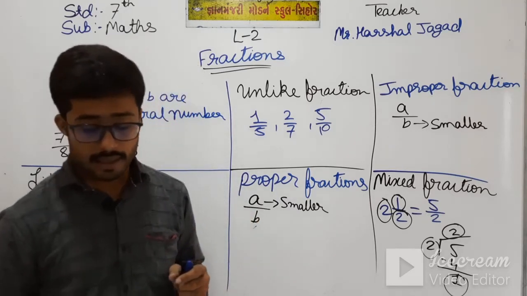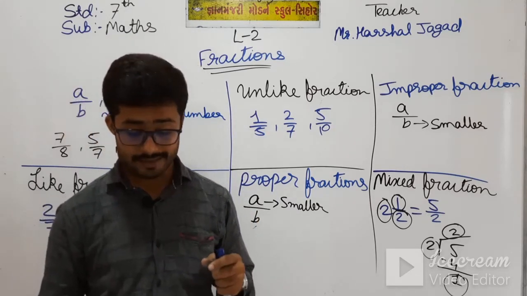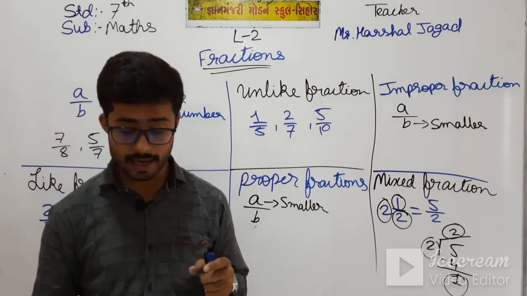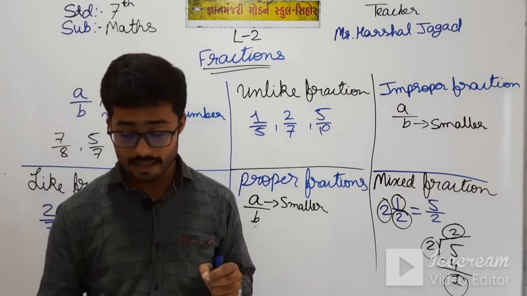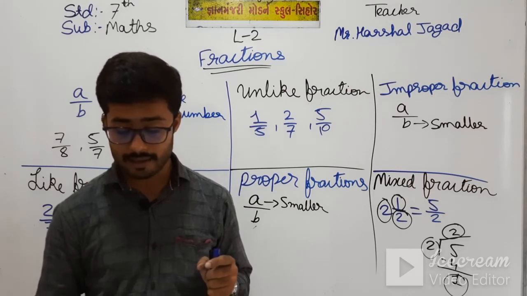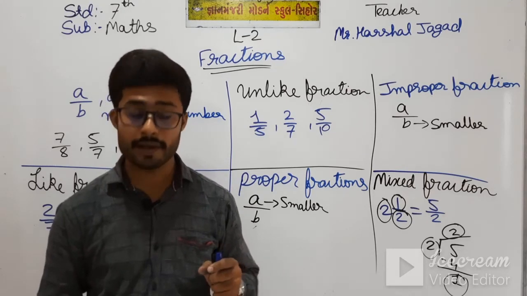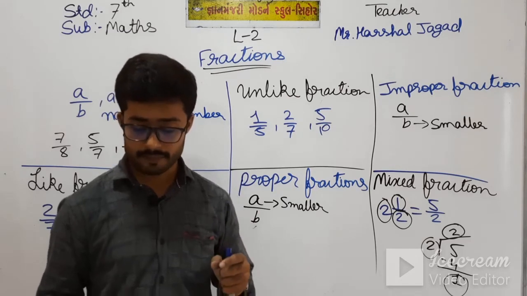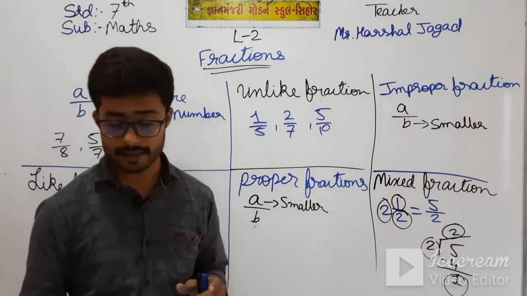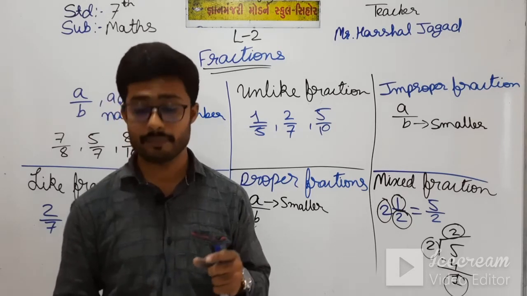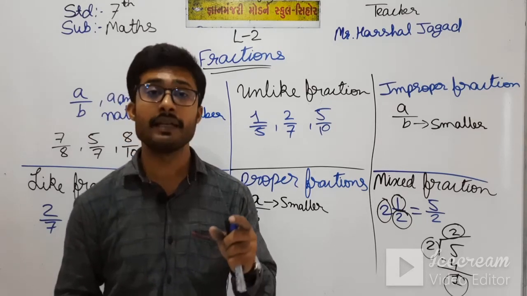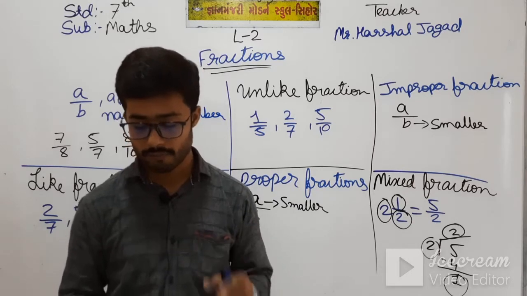Equivalent fraction. If C by D is equal to m into A and m into B, where m is an integer, then A by B and C by D are called equivalent fractions. Like 3 by 5, 6 by 10, 9 by 15 are all equivalent fractions because they can be expressed as multiples of 3 by 5 as follows.